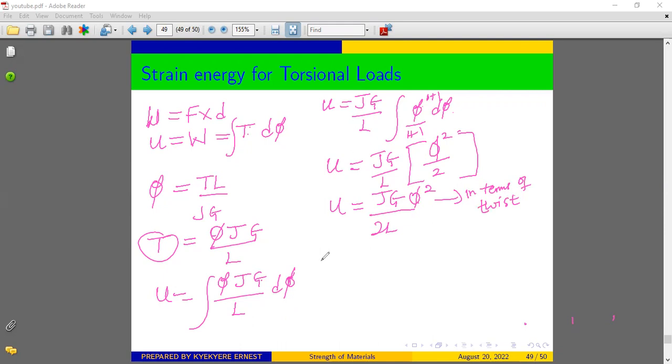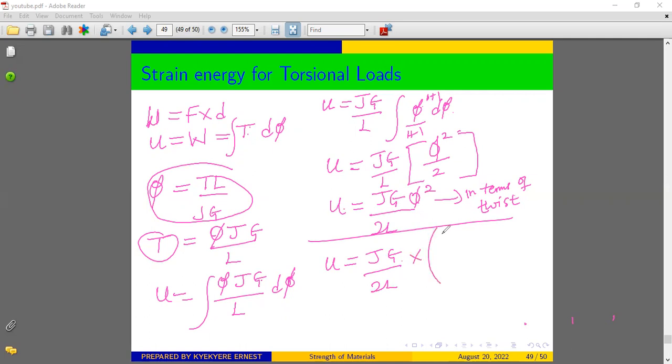And the strain energy in terms of torque, we know that this is related to the torque. So if we want to substitute for the angle of twist, we know that the angle of twist is equal to this. So in terms of torque, the strain energy will be equal to JG over 2L, and we substitute the angle of twist.